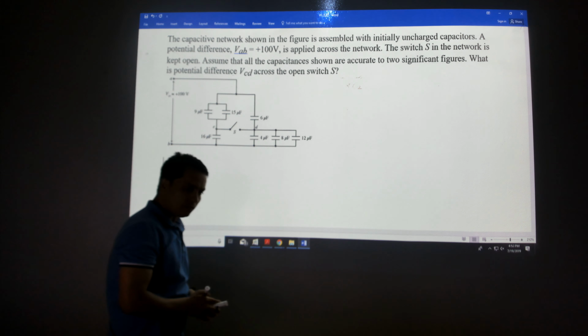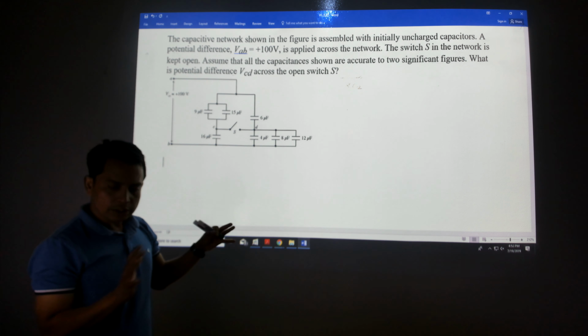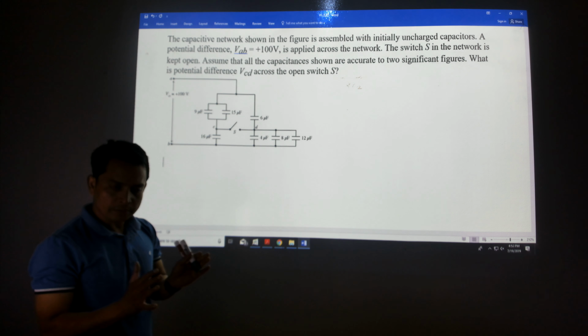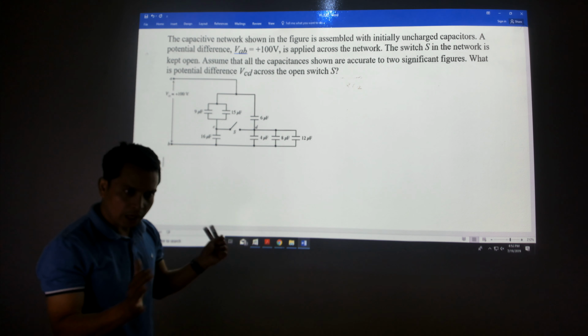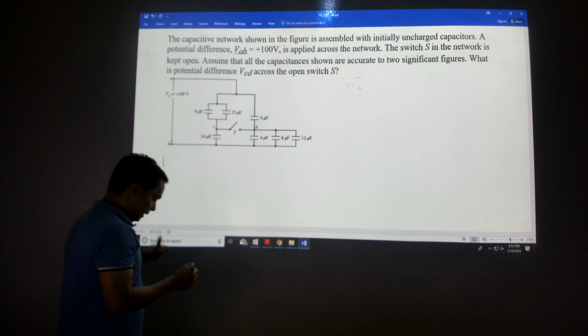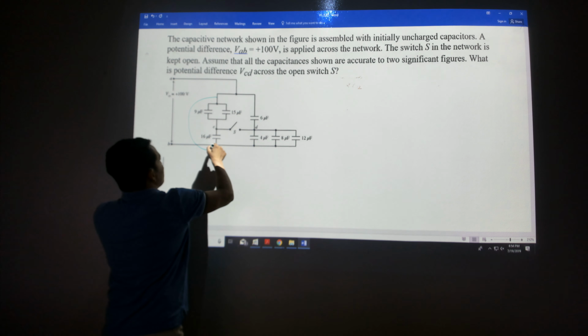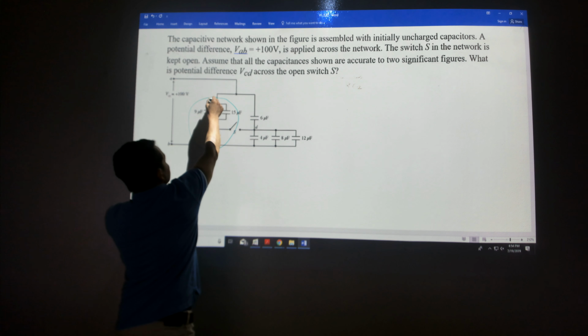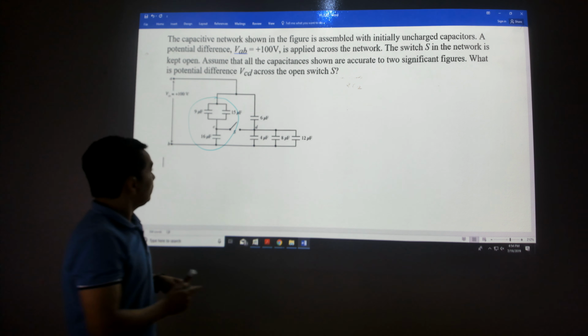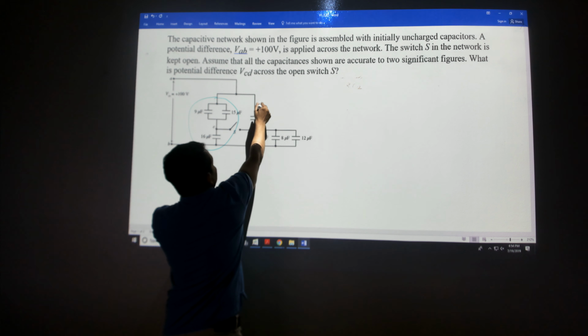capacitor. In order to solve this problem, we will break it into two independent components. The first independent system is this system, and the other system is this.